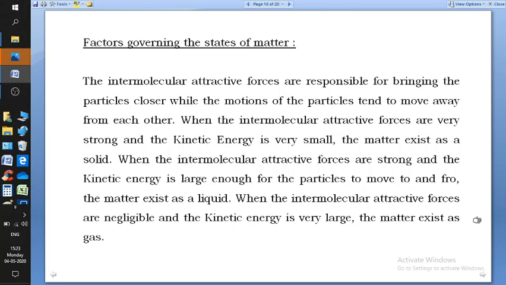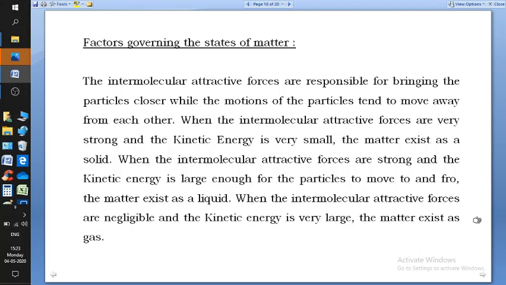When the intermolecular attractive forces are very strong and the kinetic energy is very small, remember, kinetic energy is nothing but the energy that helps the particles in any state to move in their own place, or to move randomly here and there as in a gas. Because of this kinetic energy, they can move. They don't just sit in one place.